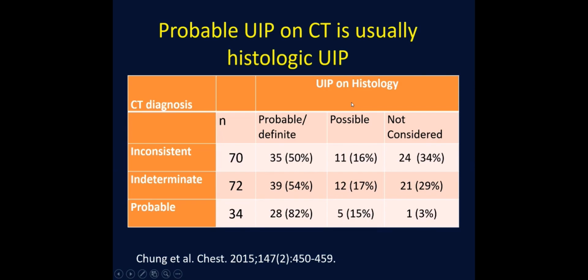It turns out that if you look at the indeterminate cases, only about 50% of them turned out to have histologic UIP, but in the probable cases, 80% of those subjects had UIP.